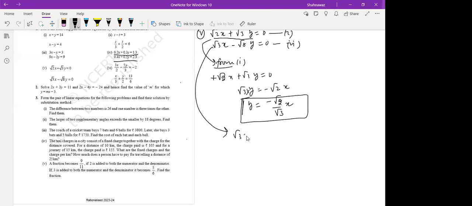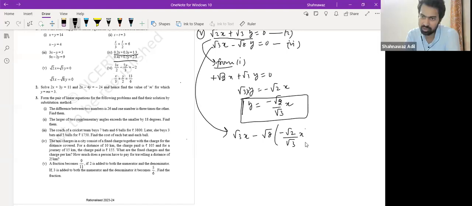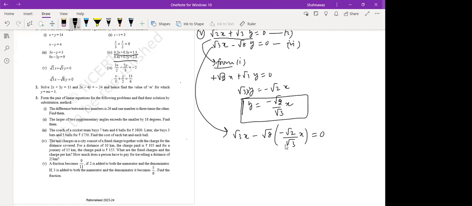It would be root 3x minus root 8 into minus root 2 divided by root 3 x. So many roots are here, right? Yes, many roots.